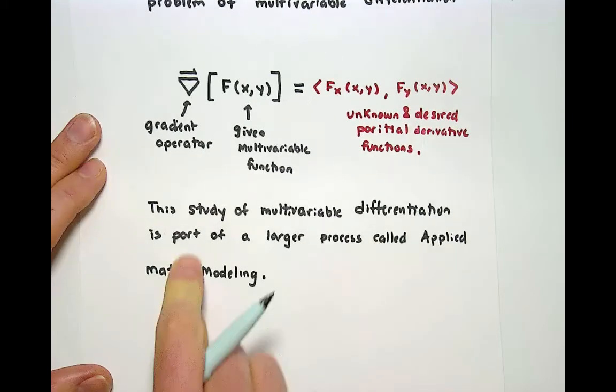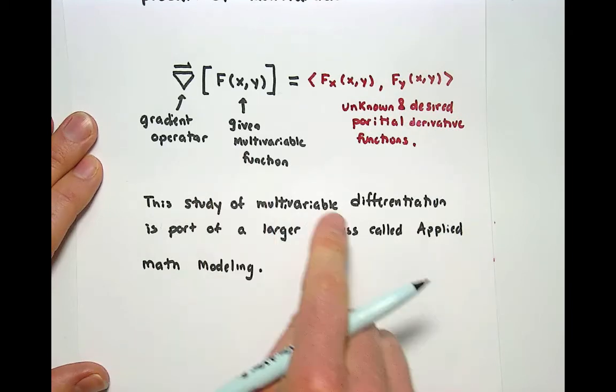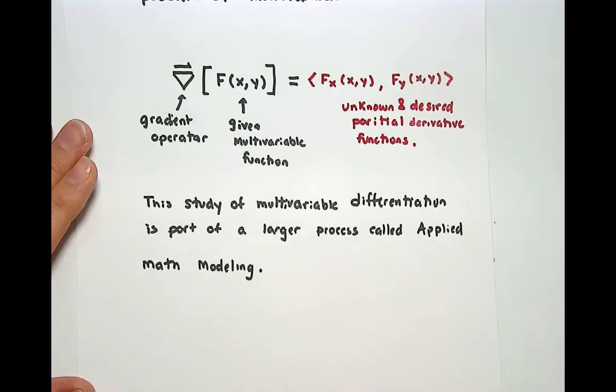And when I say part of a larger process, this is going to be one example of the process of applied math modeling. You'll see other examples in this class and in future math classes.